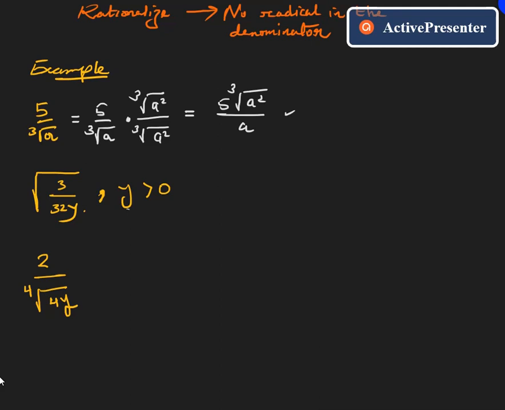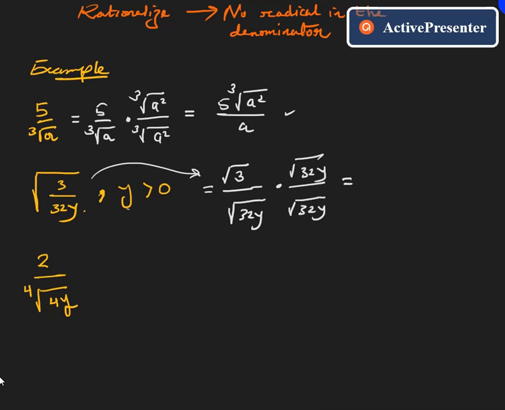So this is equal to, we can write it as square root of 3 over square root of 32y. How to rationalize? We multiply it by square root of 32y, and here square root of 32y.